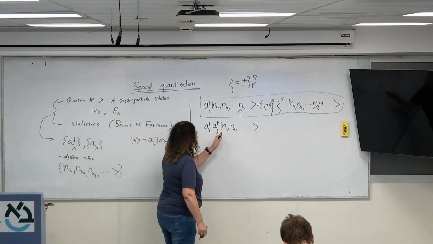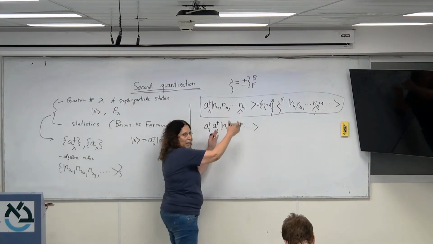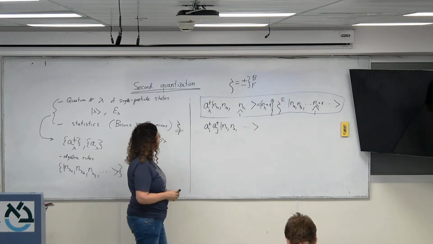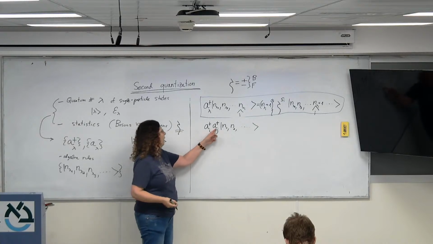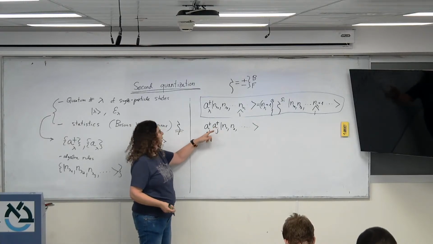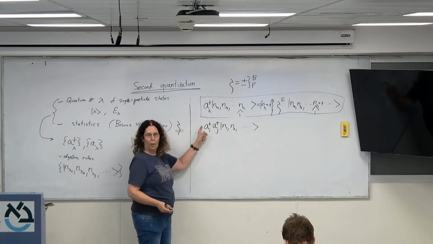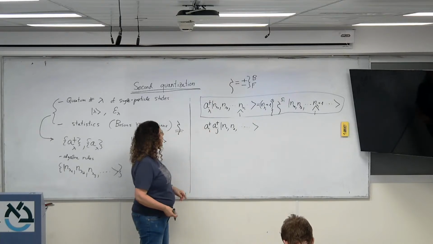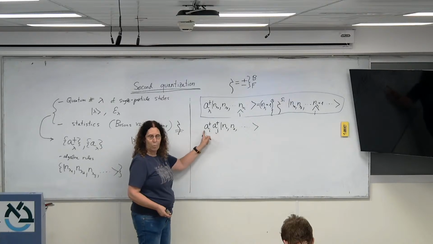So I'm taking any basis state with some occupation, and now I apply a creation operator of J, and after that, a creation operator on I. Now, you notice that these are not necessarily commutative.